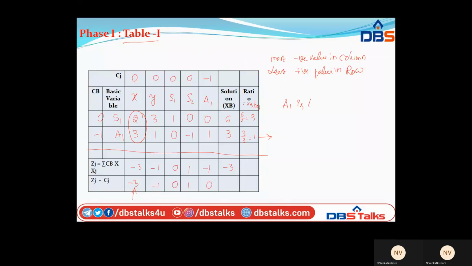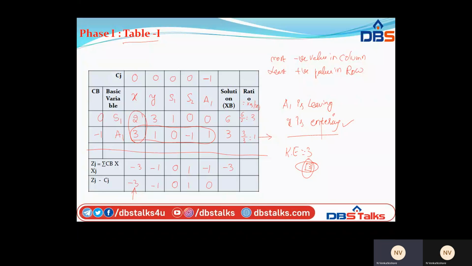A1 is leaving, and X is entering. Next, we need to write the new table. Here, what is the condition? A1 is leaving and X is entering. So here the key element is 3, where the key column and the key row intersect. That is called the 3.